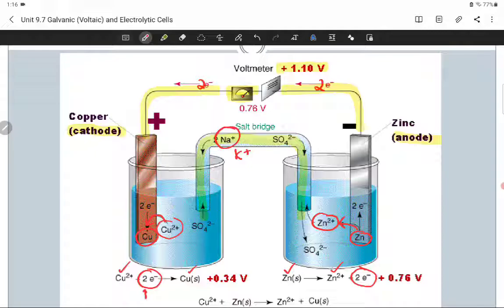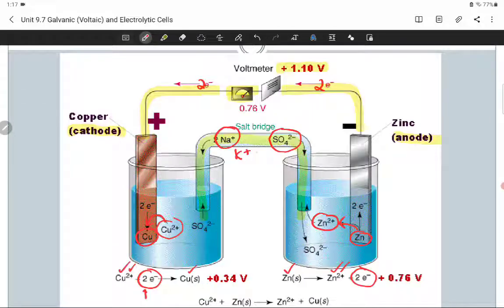And then this is risky to use sulfate. Not with this particular reaction, because sulfate won't precipitate with either of those ions. But sometimes, depending on what you're using in your beakers, sulfate could end up precipitating something, and you don't want any other reactions to occur.